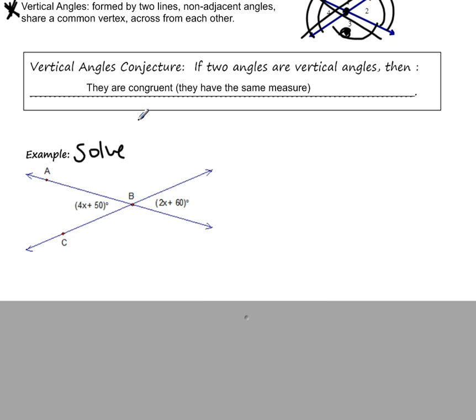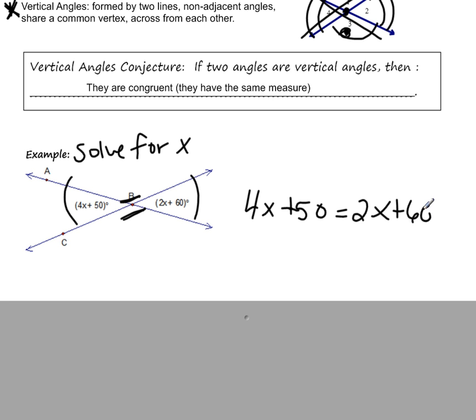So like I said, vertical angles are congruent. So we're going to take that and put it into algebra to solve for x. We're going to put an equal sign in between the two angles. So 4x plus 50 equals its vertical angle 2x plus 60.